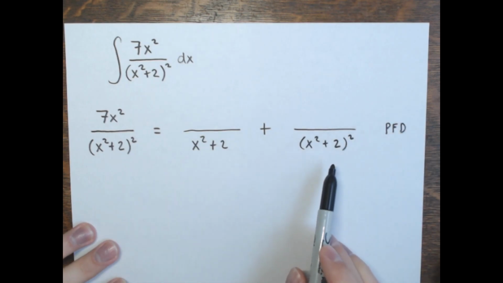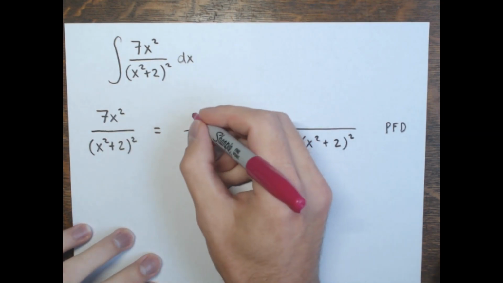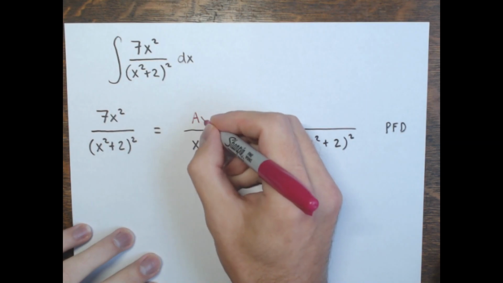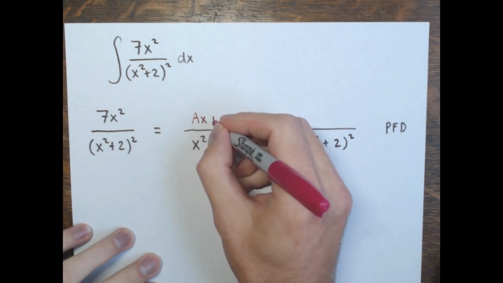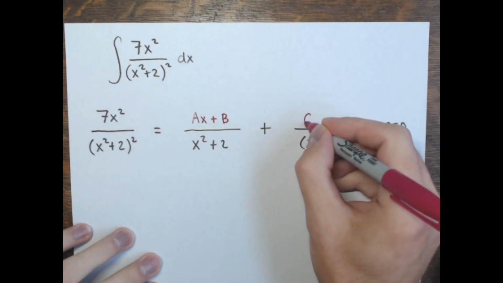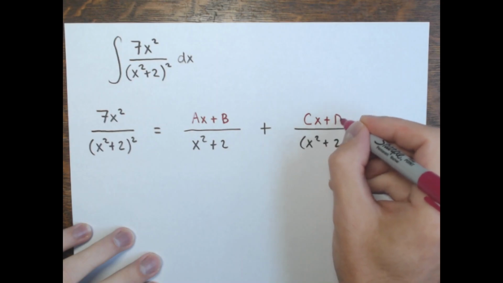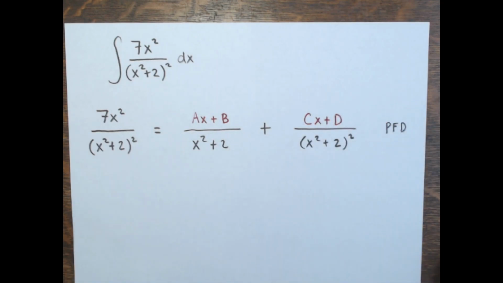And since these are all powers of quadratics, I'm going to say the numerator could be up to a linear. So ax plus b for the first, and then for the other power of a quadratic, a linear polynomial above this, cx plus d, just like last time.